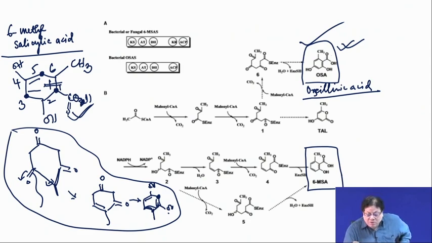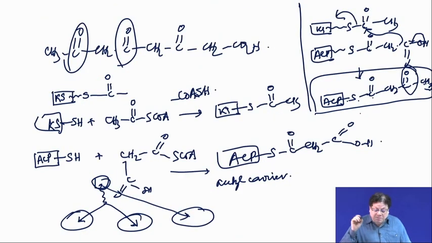Let us count: 1, 2, 3, 4, 5, 6, 7 and this one methyl, 8 are there. Now, I could see that there is a carbon-oxygen here, then a carbon, then there is this methyl. Let us again go back to that slide where I explained everything.